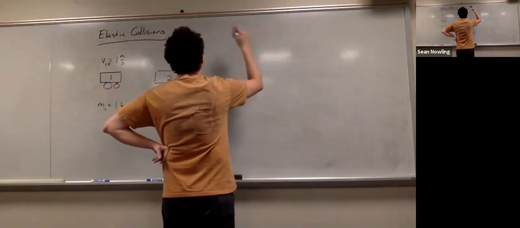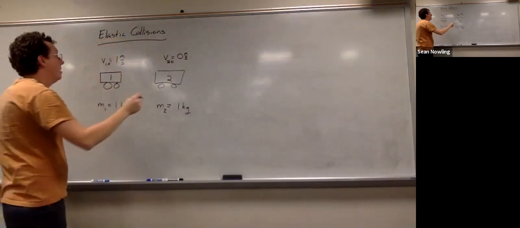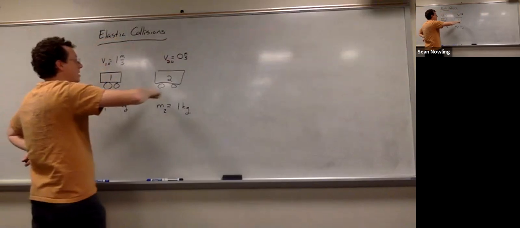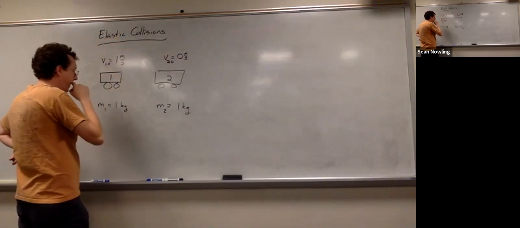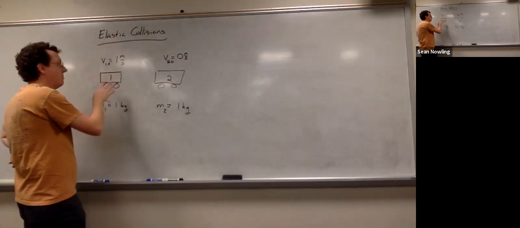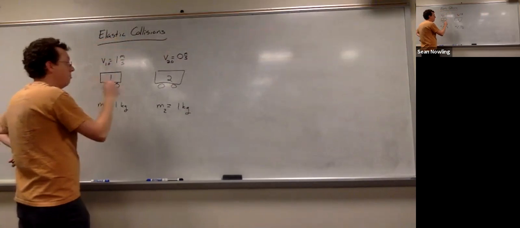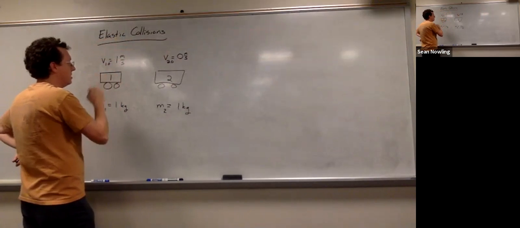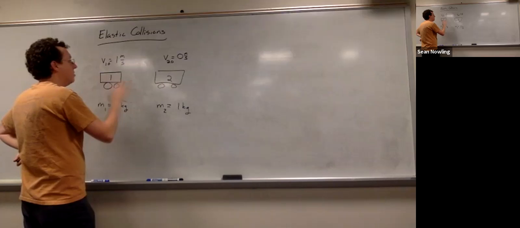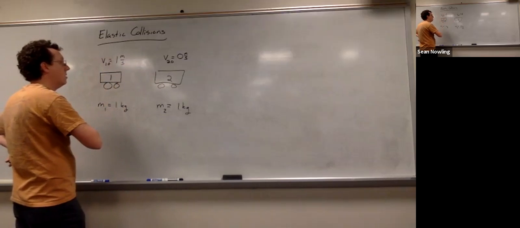So I have to make my system. If I make my system both carts together, then I know there's no outside force acting on the system, which means there's no impulse or work being done on the system. If the impulse is 0, that means the change in momentum of the total system is 0.